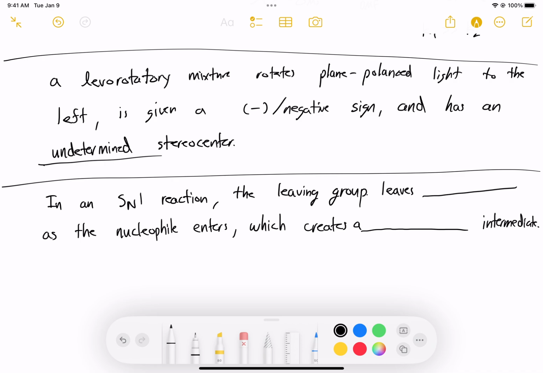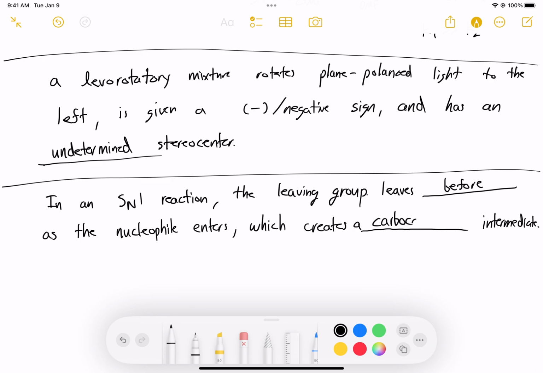All right, so the leaving group leaves, is it before, after, or at the same time as the nucleophile enters? But we know for SN1, the first thing that happens is the leaving group will depart and form an intermediate. So it leaves before the nucleophile gets a chance to enter and create a bond. And this creates a carbocation.